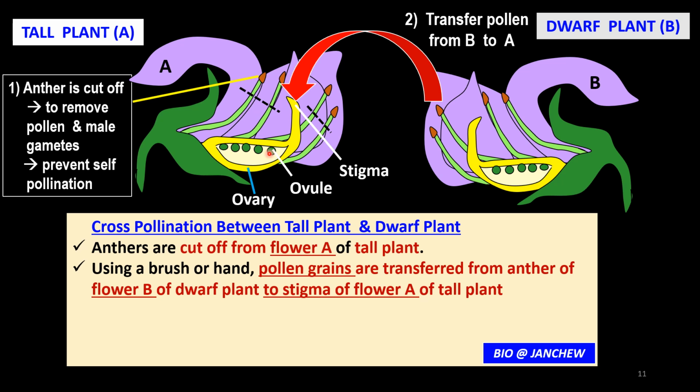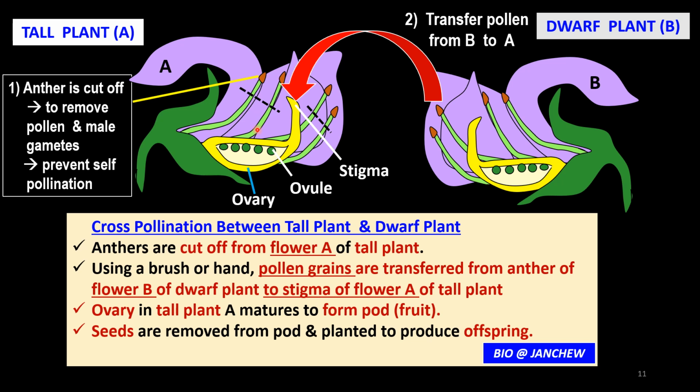After fertilization, the seeds are formed, and these seeds are a product of the cross between tall plant and dwarf plant, in which the dwarf plant contributes the male gametes and the tall plant contributes the female gametes. Then the ovary in the tall plant A will mature to form a pod, or a fruit. Then the seeds are removed from the pod and they are planted to produce offspring. Then the heights of the offspring are observed.